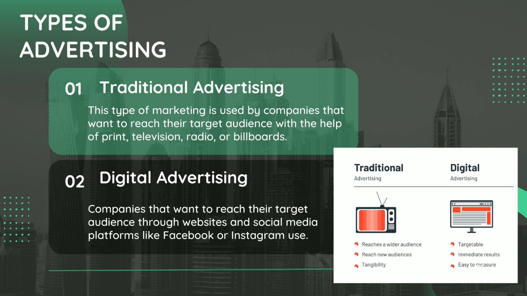The second one is digital advertising. It is used by companies that want to reach their target audience through websites and social media platforms like Facebook, YouTube, Instagram, and etc. It is also cheaper than the traditional. It might not be as effective since most people are still skeptical of what they read in social media posts.